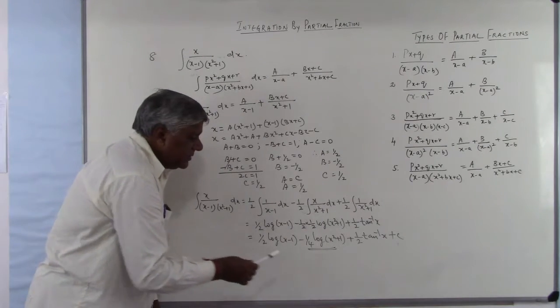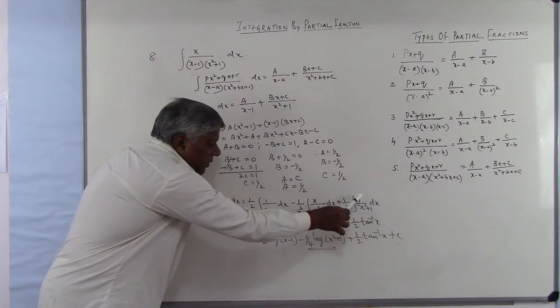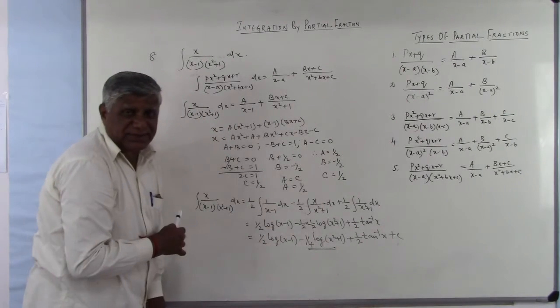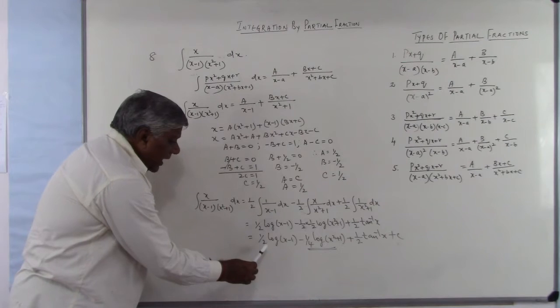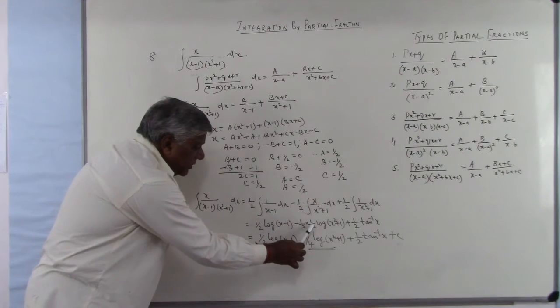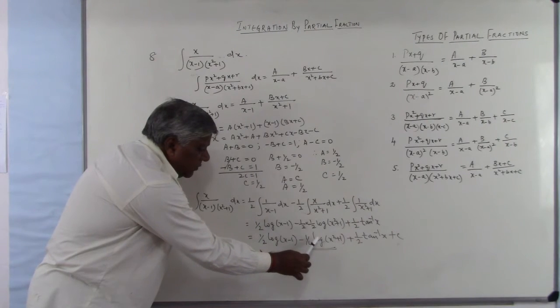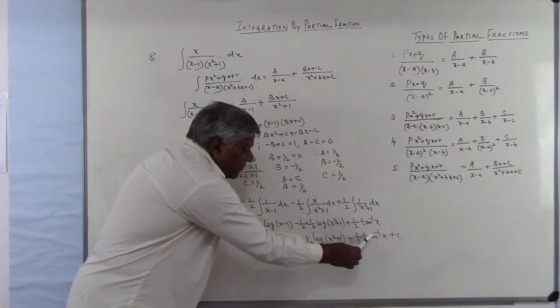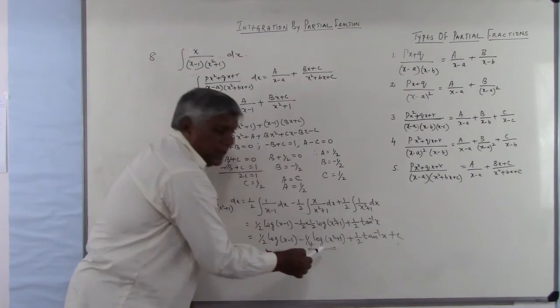Plus half into integral 1 over x square plus 1 into dx is nothing but tan inverse x. Therefore, the final answer is half log of x minus 1 minus 1 by 4 log of x square plus 1 plus half tan inverse x plus c. That is the answer.